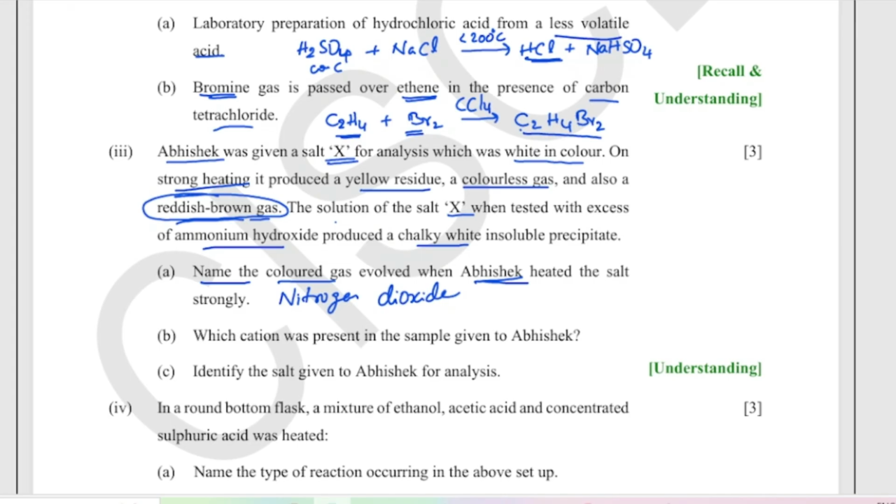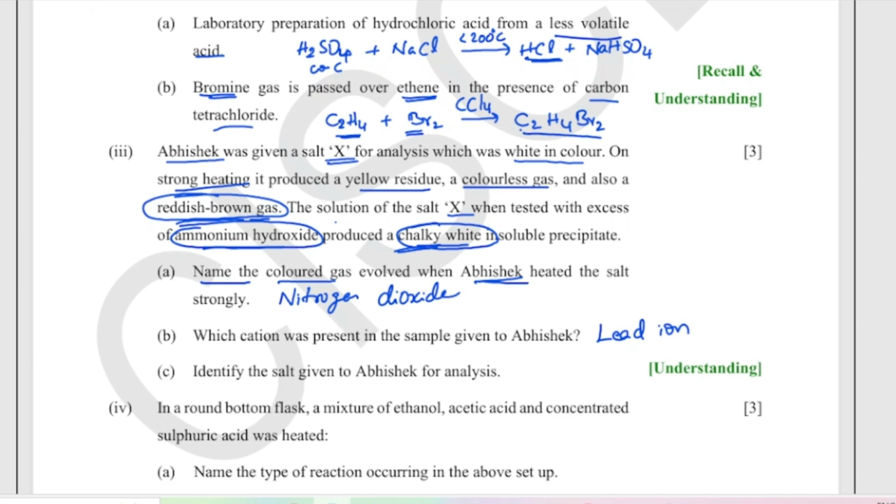And which cation was present in the sample given to Abhishek? So here you can see ammonium hydroxide is giving chalky white precipitate with the salt solution. So chalky white precipitate will be lead metal. Okay, so here the ion present in the salt is lead ion.